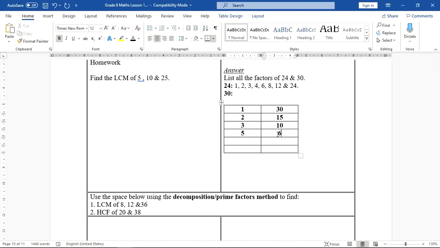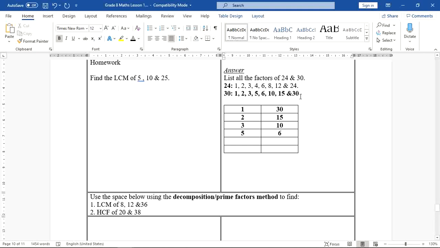All right. And I think we should stop because the number after 5 is 6 and the 6 is already here. So now we can say that the factors of 30 are 1, 2, 3, 5, 6, 10, 15, and 30 itself.